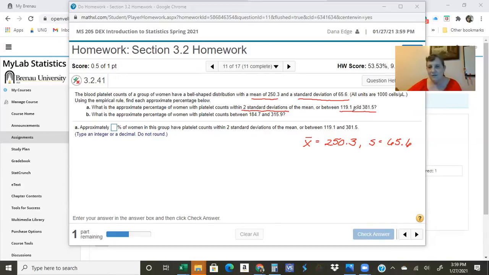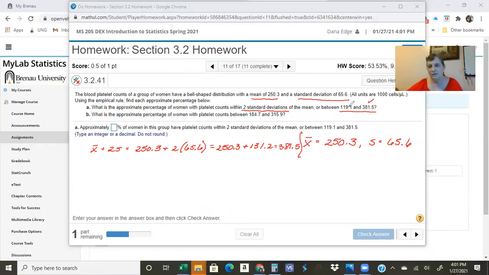Now this states that that's 2 standard deviations, but we can check if we had X bar plus 2 standard deviations, that would be 250.3 plus 2 times 65.6. 2 standard deviations is 131.2, so 250.3 plus 131.2, which is going to be 381.5, which is exactly what they've got here.